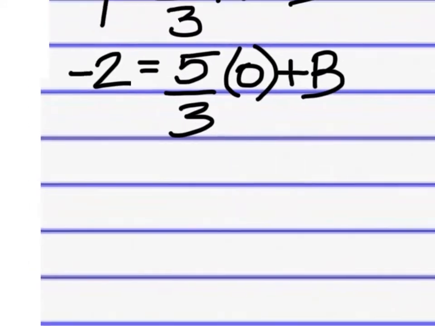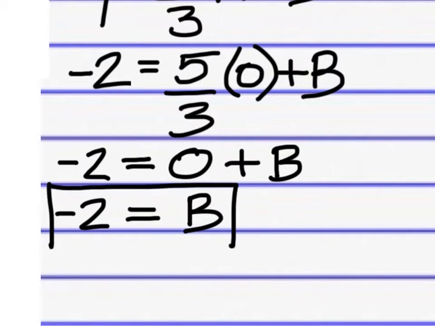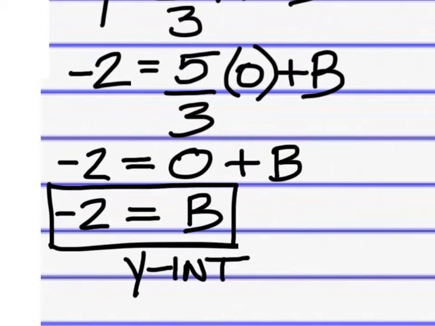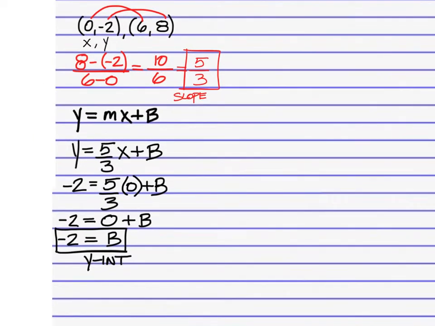Simplify where you can. 5/3 times 0 is just 0. 0 plus b is the same thing as just b. So we have simply solved for b. This is the y-intercept. Where do I put that y-intercept now that I have found it?